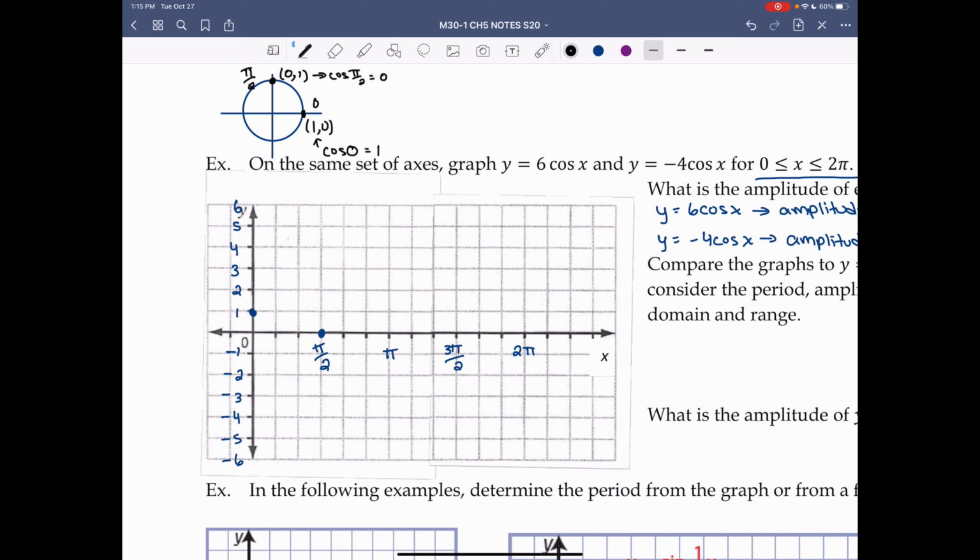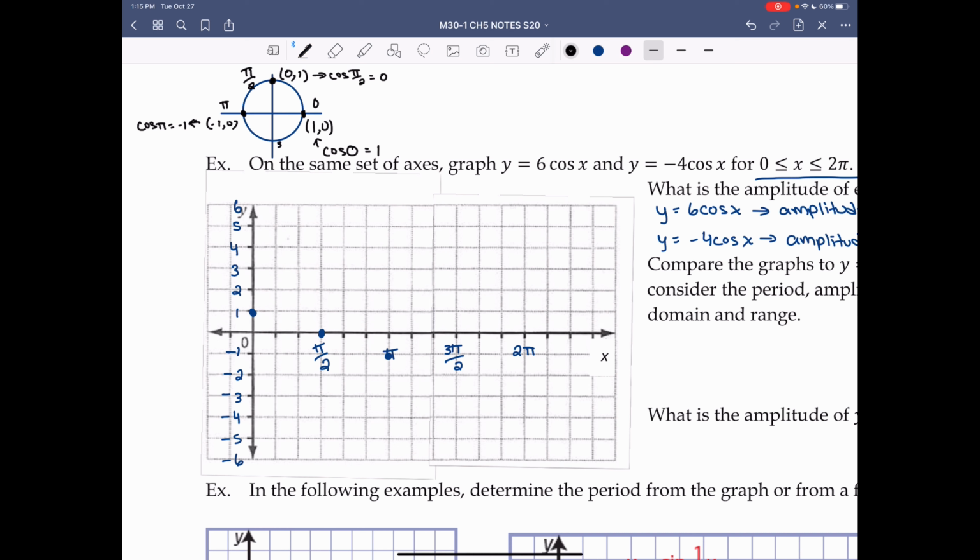Then we go to pi radians. That gives us the point -1, 0, which tells us that cos of pi equals -1. We find pi on the x-axis of our graph, and we go down to -1.